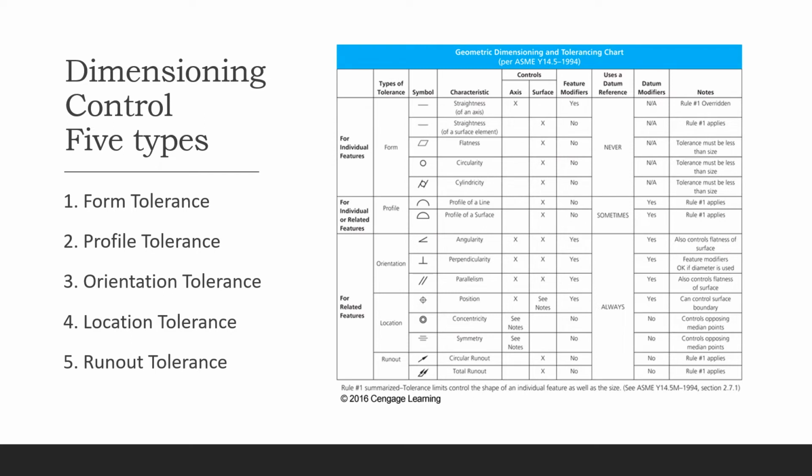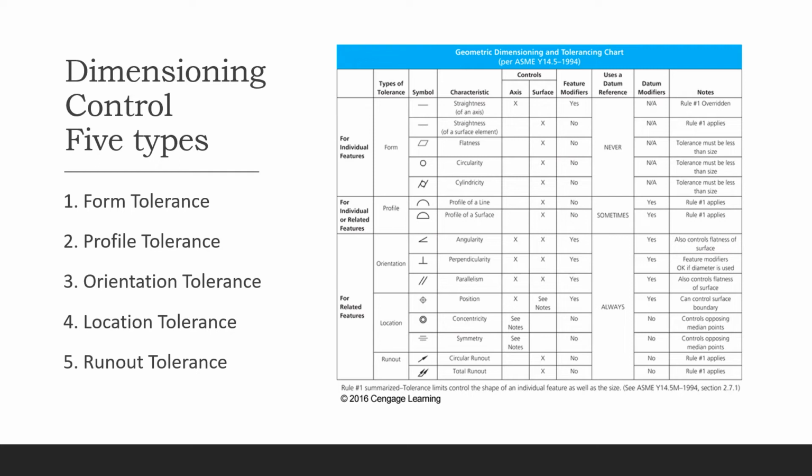Therefore, the tolerance, the limit for these measurements, has a particular characteristic depending on that geometry. So we divide the tolerance into 5 different types, and we call them measurement controls. All your measurements have to be within these tolerance limits.